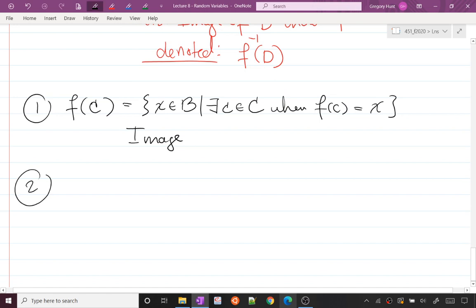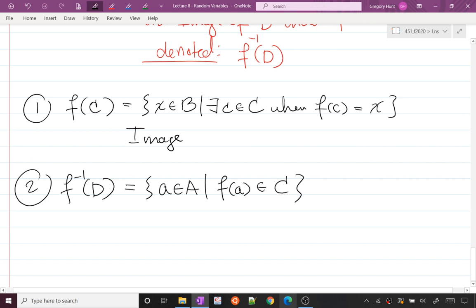That's called the image. And we can have the inverse image of a set D, which is actually simpler to write, which is just all a in A such that when we map it, F of a is in D. This is called the inverse image. Actually much simpler to write than the image.